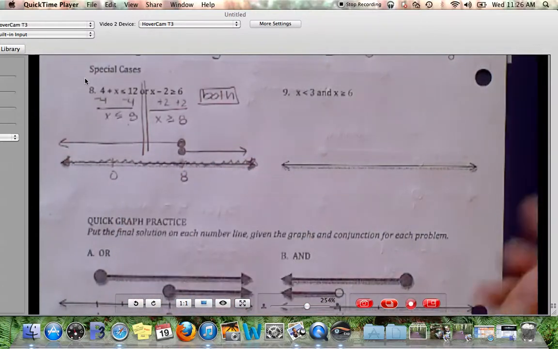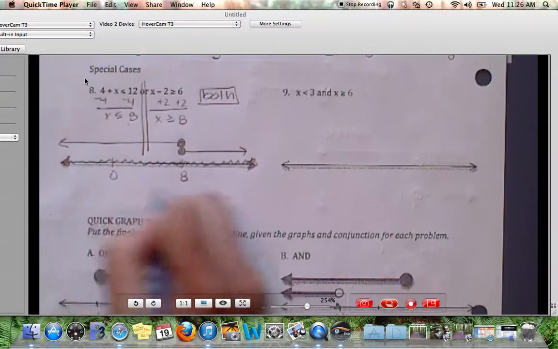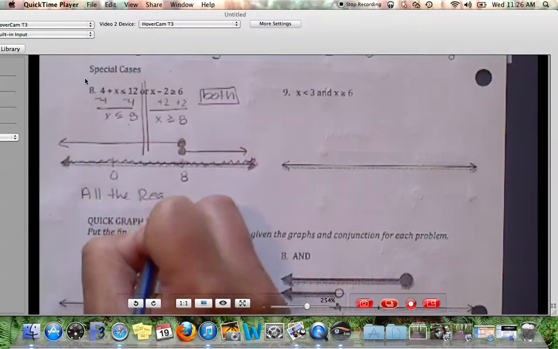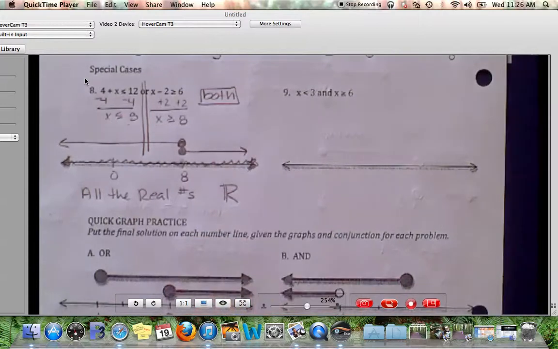If we have the whole number line shaded in, you either need to say all the real numbers, or you can use the real number symbol. So the first special case is when the whole line gets shaded in, then that means all the real numbers will make this true.